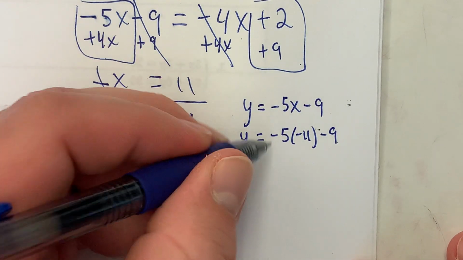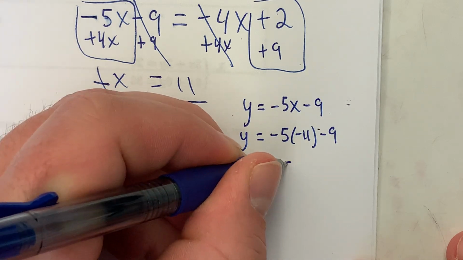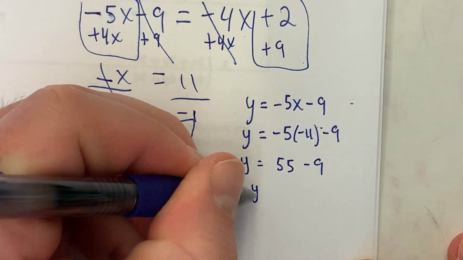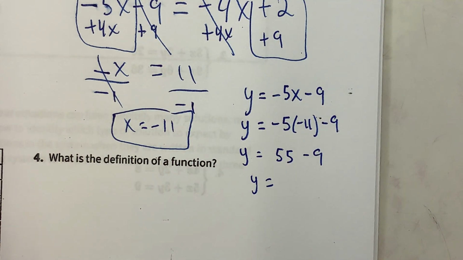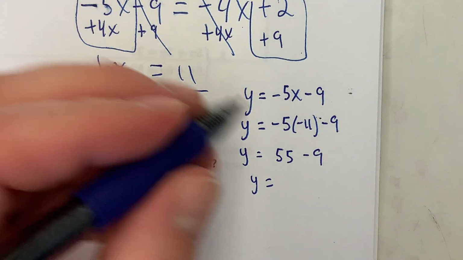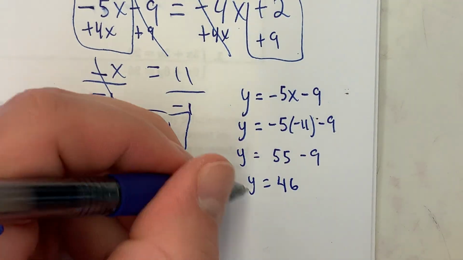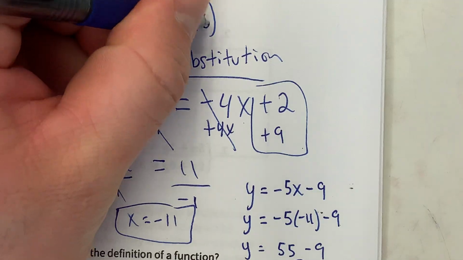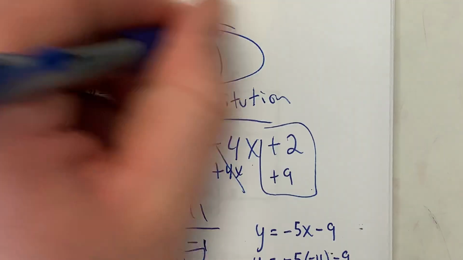Negative 5 times negative 11 is 55. And 55 minus 9 is 46. And that's what y is. So we go back up here and write 46, and that's our solution.